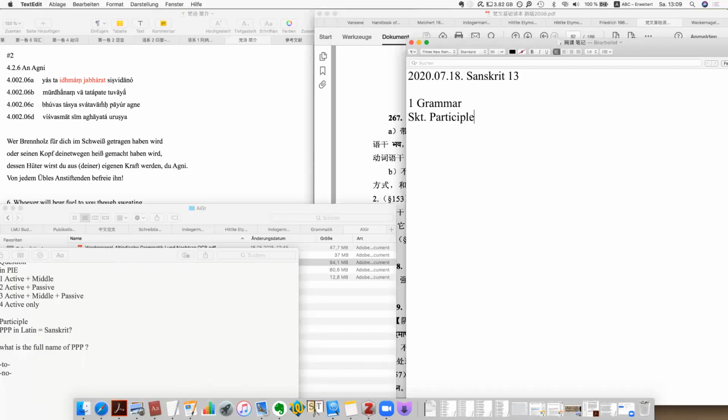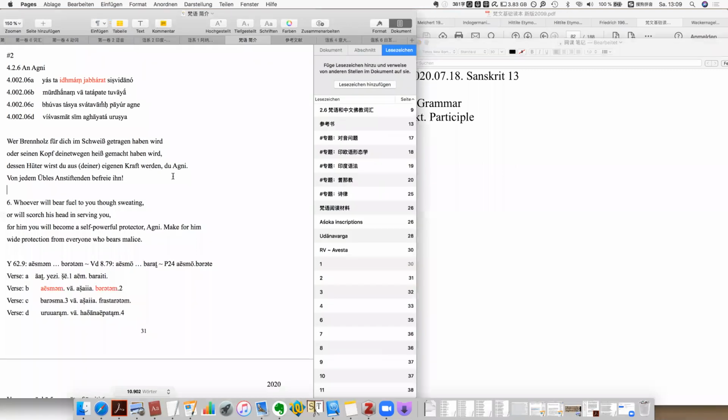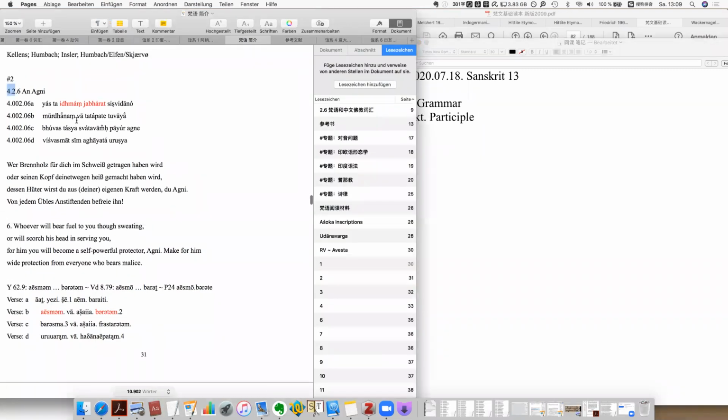He mentioned the Sanskrit participle, and there is actually a lot to say, but I just want to highlight the most important things and compare the Sanskrit material with other languages. And for the next part, we are going to probably read another Rigveda verse.